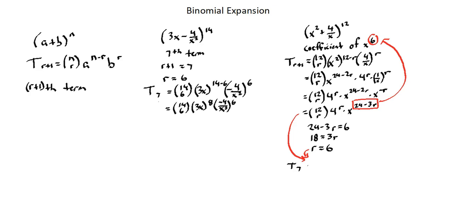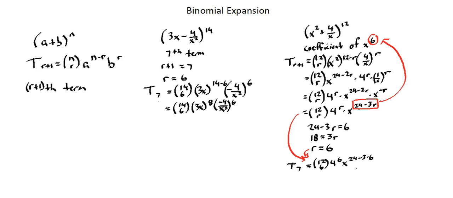The 7th term is binomial coefficient 12 choose 6 times 4 to the power of 6 times x to the power of 24 minus 3 times 6.